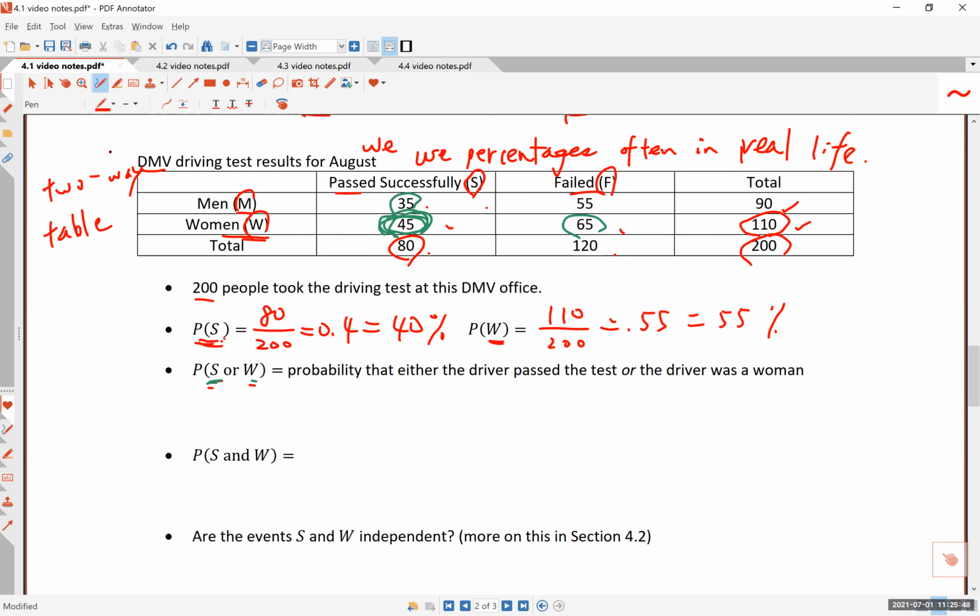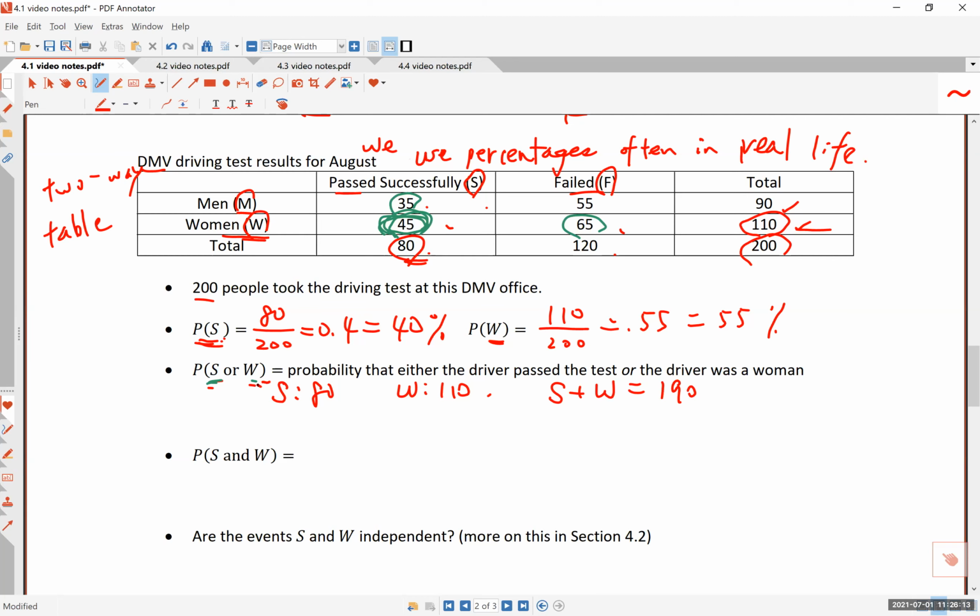Let me go ahead and write it this way. The number of people in the S column is 80, okay? So 80 people passed. And the number of women was 110. So if you add S and W, that's 190, right?